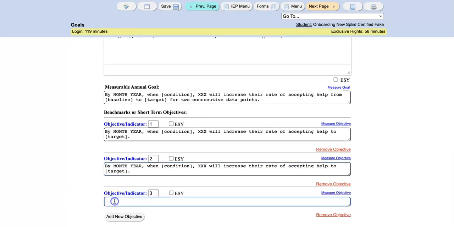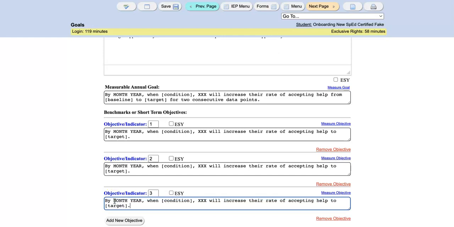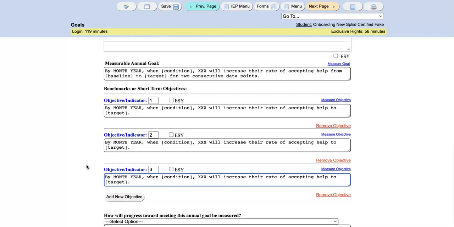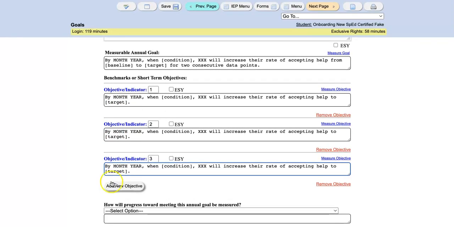The reason I know that is because, hypothetically in this situation, I work at a high school and we do report cards on the trimester. So I'm going to make sure that I have information to report out on this IEP 3 times a year. That would have been listed on the student information page on the front page of the IEP, how frequently. So if you're ever not sure how many objectives you need, remember you need to have at least 2.